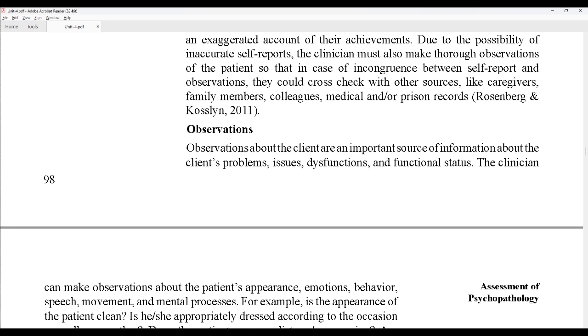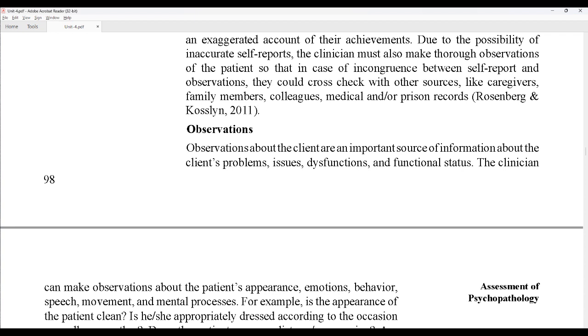Due to the possibility of inaccurate self-reports, the clinician must also make thorough observations of the patient, so that in case of incongruence between self-report and observations, they could cross-check with other sources, like caregivers, family members, colleagues, medical and prison records. Rosenberg and Koslin, 2011.